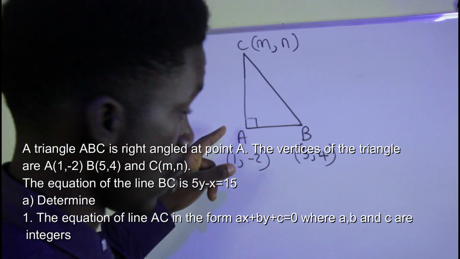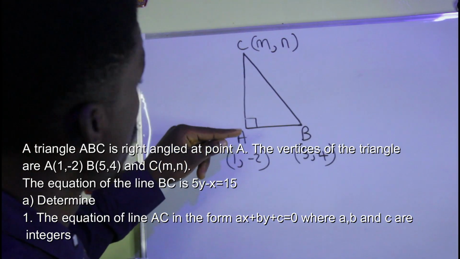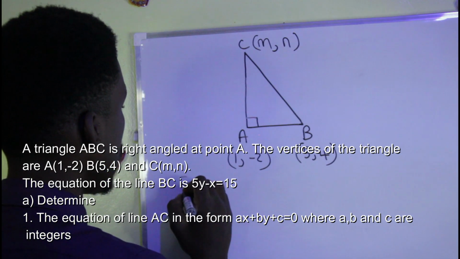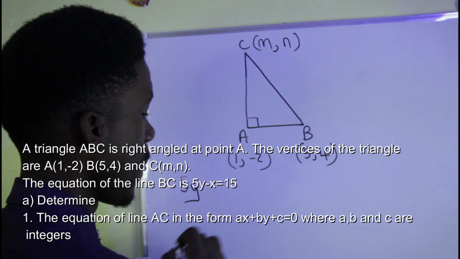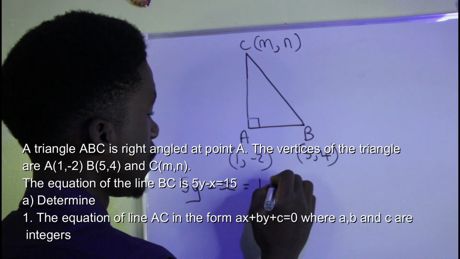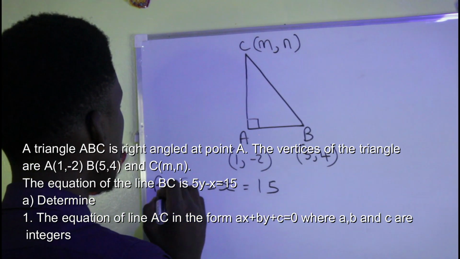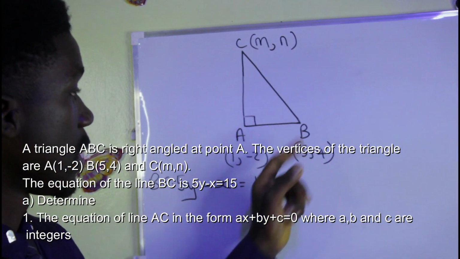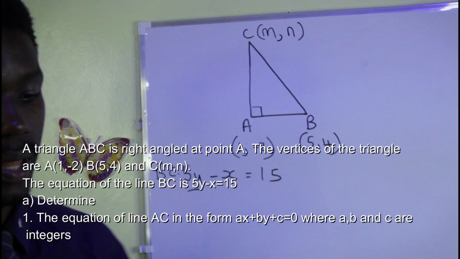The equation of the line BC is 5y minus x equals 15. So that is the equation of BC.